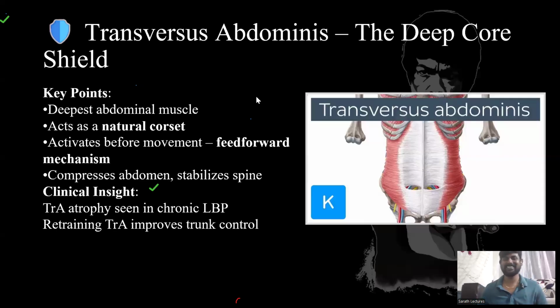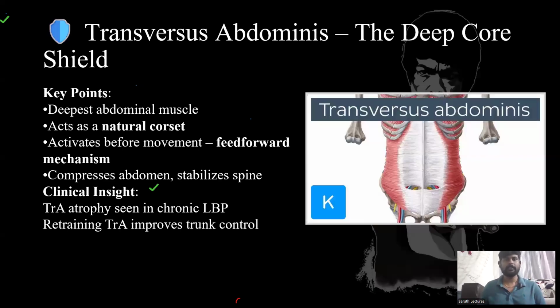Feed forward mechanism means it is a feedback, but that feedback is sensed before you are going to do any activity, and it is giving you protection by means of some action. Thereby the activity is done properly, appropriately, and coordinatively. Understood?